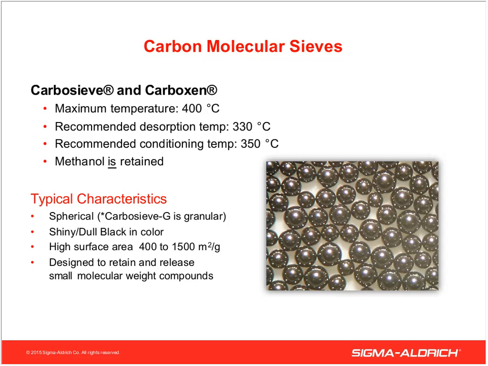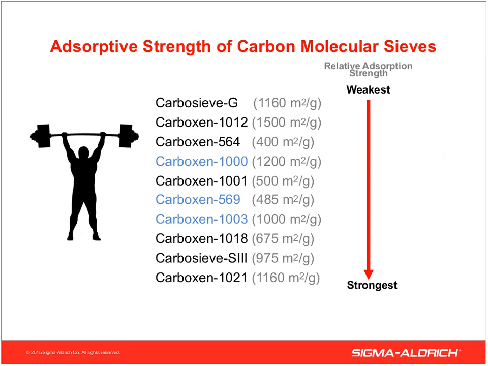Some of the other characteristics include they're spherical, except Carbosieve G. They're shiny, dull black in color. High surface area ranging from 400 to 1,500 meters squared per gram, and they're designed to retain and release small molecular weight compounds. This slide ranks the adsorbent strength of the carbon molecular sieves, but notice how they aren't in order of surface area now.